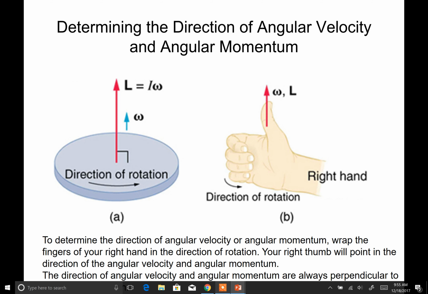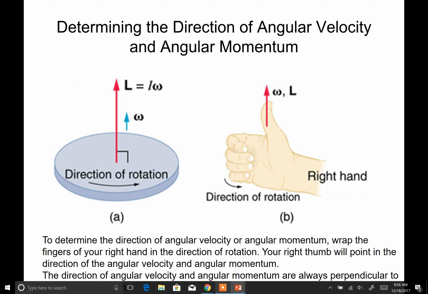Sometimes we need to determine the direction of angular velocity or the direction of angular momentum. And we're going to use the right-hand rule to do that. To use the right-hand rule, you're going to grasp the object that is rotating, and you're going to wrap your fingers in the direction of rotation. If your thumb on that right hand points up, that means that the angular velocity and the angular momentum are acting in the upward direction.